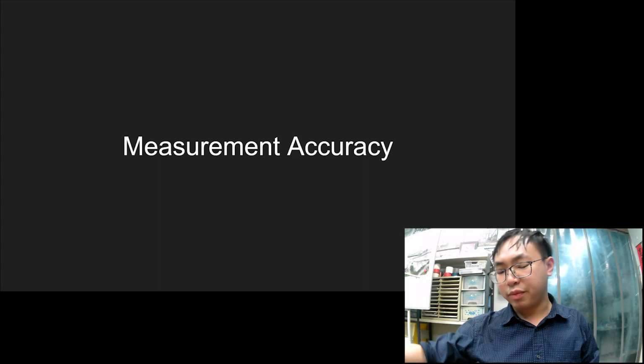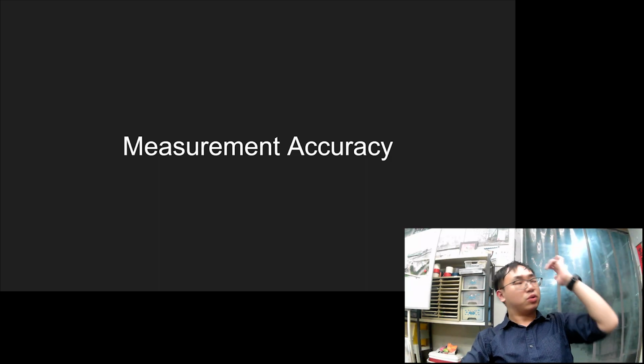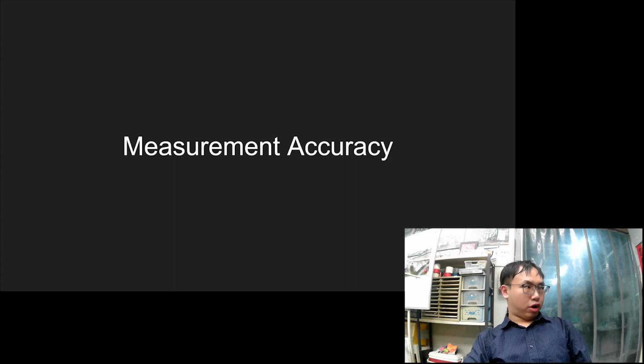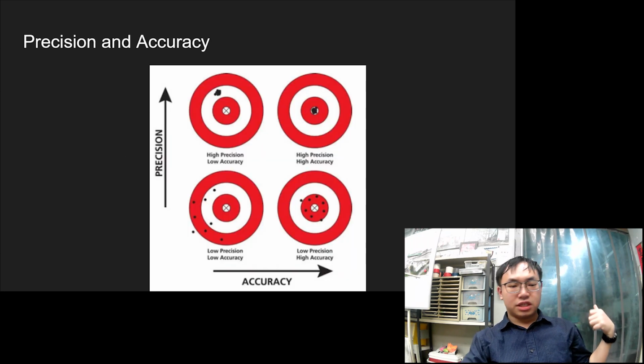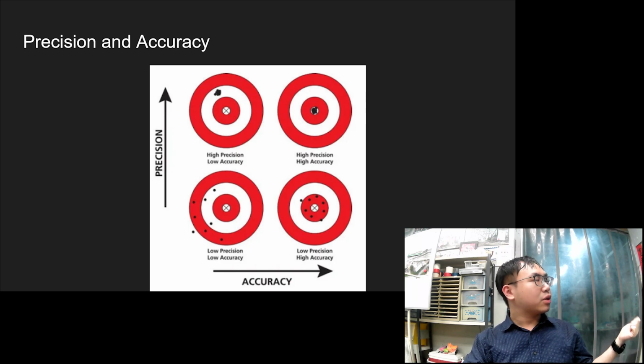So before we talk about the measurement, we always need to talk about the accuracy. So it's a bit like science. It is not included in your exam, but I'm going to talk about it when you do your measurement. Sometimes we have to talk about the precision. Precision is something we'll talk about in our class.